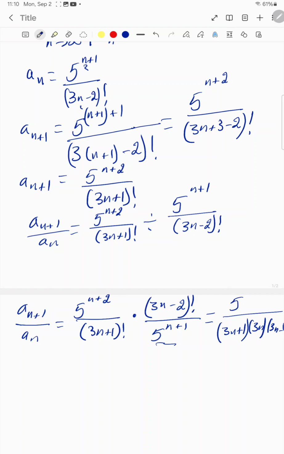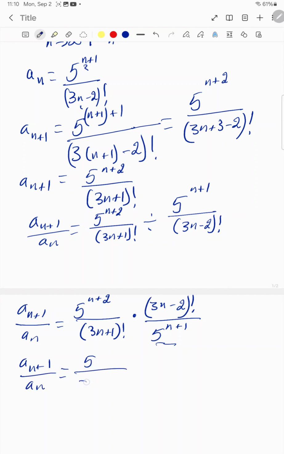Let me write it down on a different line. So my a(n+1) divided by a(n) is equal to 5 divided by (3n plus 1) multiplied by 3n multiplied by (3n minus 1). Because (3n plus 1) factorial is (3n plus 1) multiplied by 3n multiplied by (3n minus 1) and multiplied by (3n minus 2) factorial.